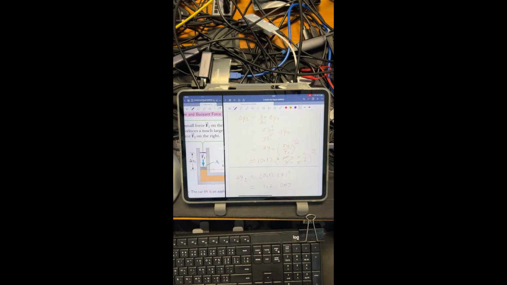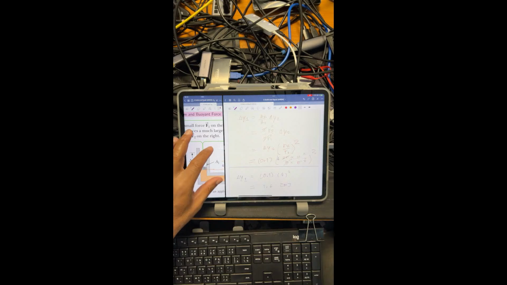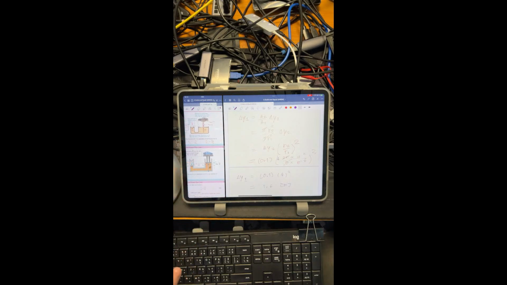Of course, when you work with the smaller piston, you have to reduce more height, so that you can get 0.1 increasing height on the right side. I hope it's correct. Let's check whether it is 1.6 meter.